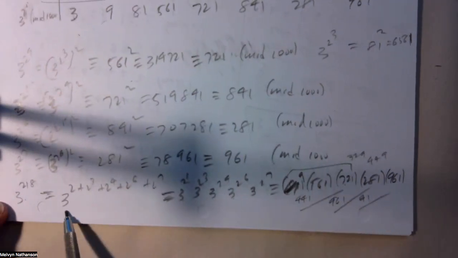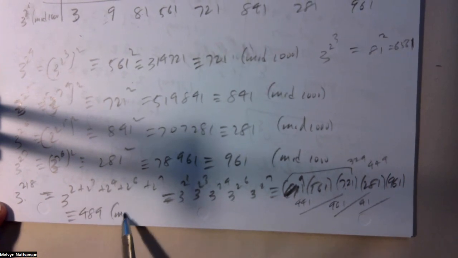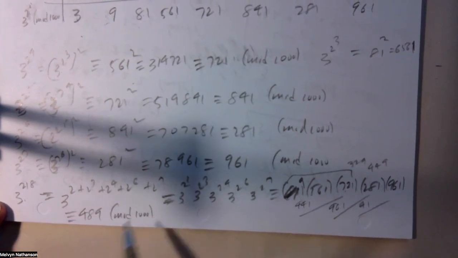So 3 to the 218 power is congruent to 489 mod 1000.